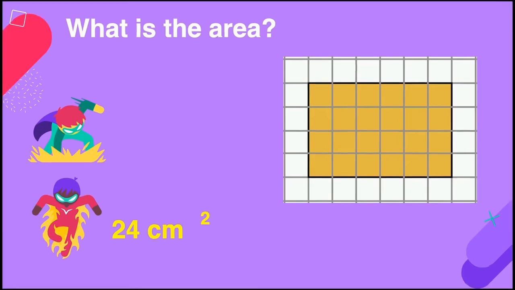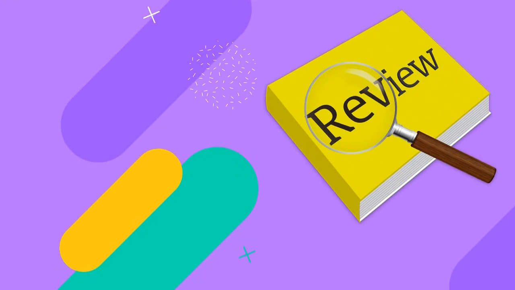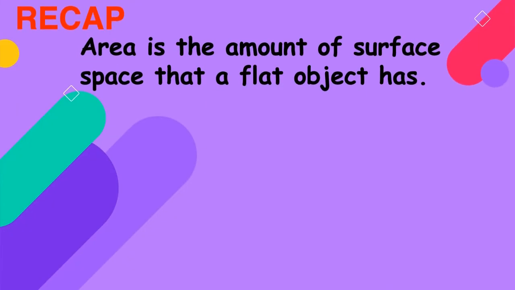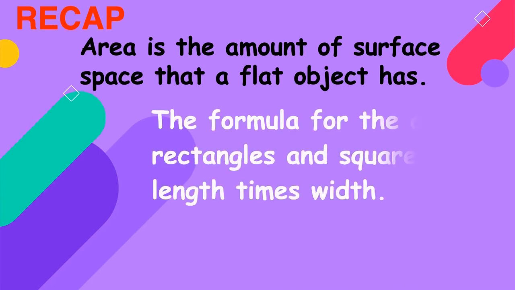So now, let's do our review. Today, we talked about area. We learned that area is the amount of surface space that a flat object has. The formula for the area of rectangles and squares is length times width.